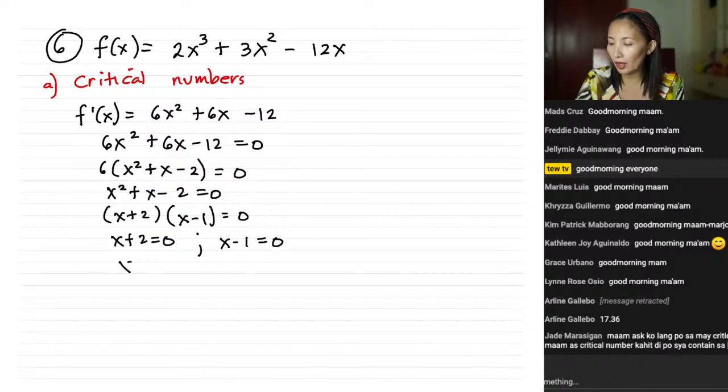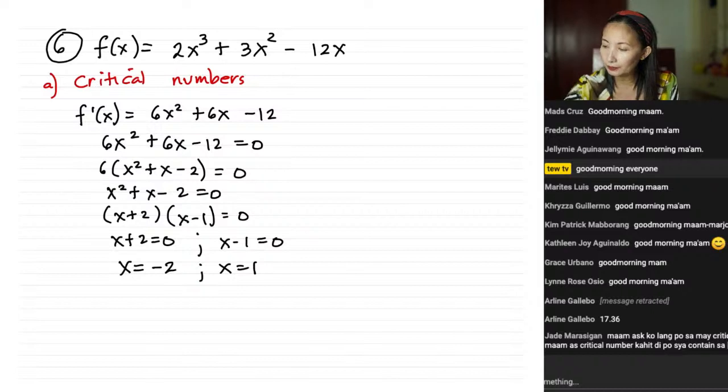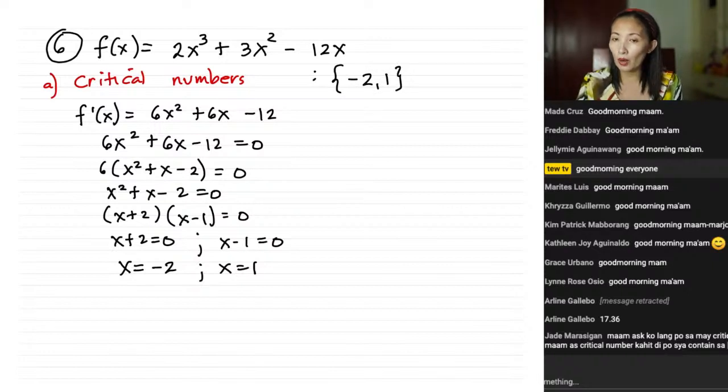So we have now two critical numbers, negative 2 and 1. Now, what are we going to do next? Letter B, find the critical points.